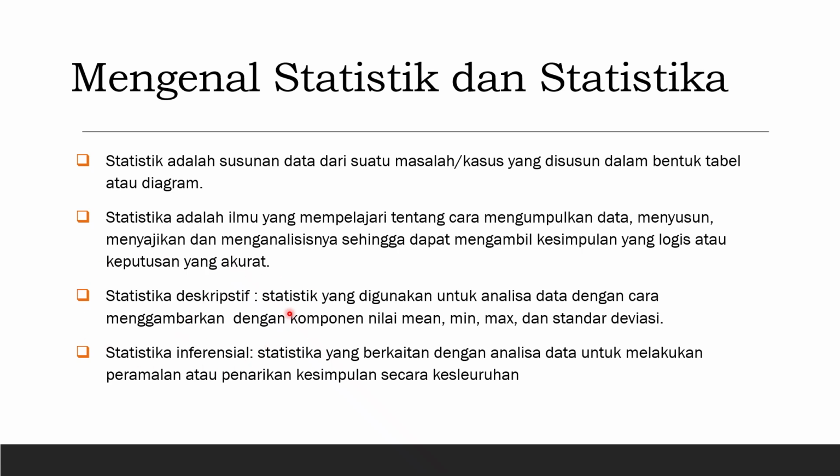And in general, we can see statistics in two steps. The first step is descriptive statistics, where you can analyze by using components such as average, minimum value, maximum value, and also the standard deviation.